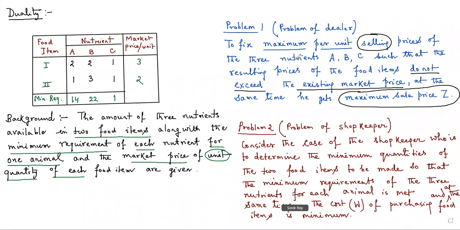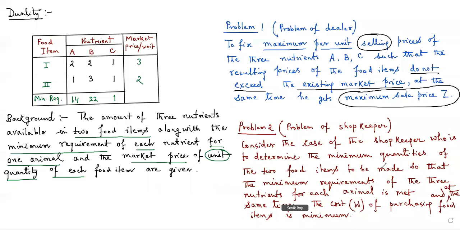What is the problem of the shopkeeper? Now, the shopkeeper wants to do it in the following manner. He wants to determine the minimum quantities of the 2 food items to be purchased so that the minimum requirement of the 3 nutrients for each animal is met, and at the same time, the cost W of purchasing the food items is minimum. I'm highlighting the important points over there also.